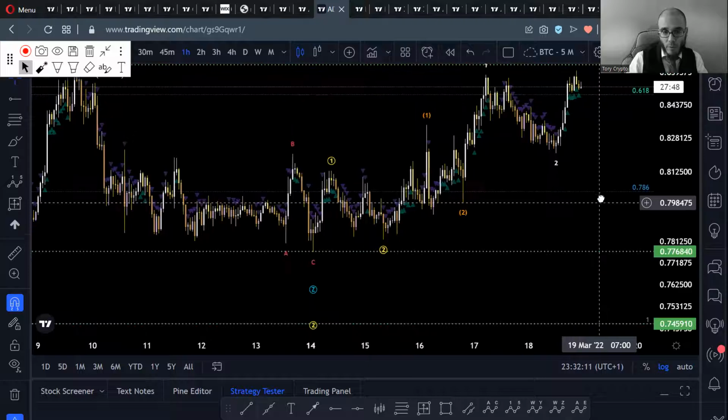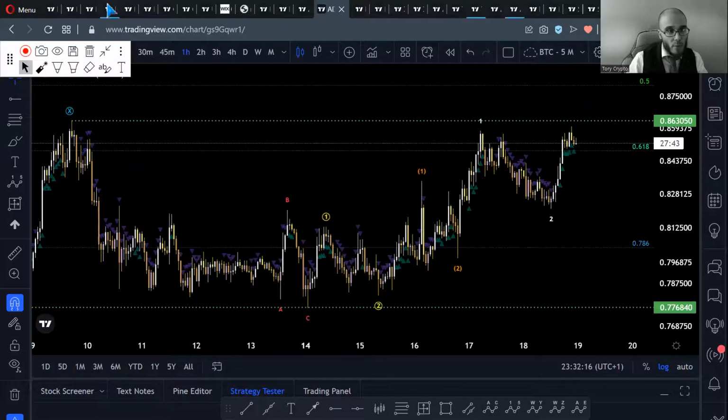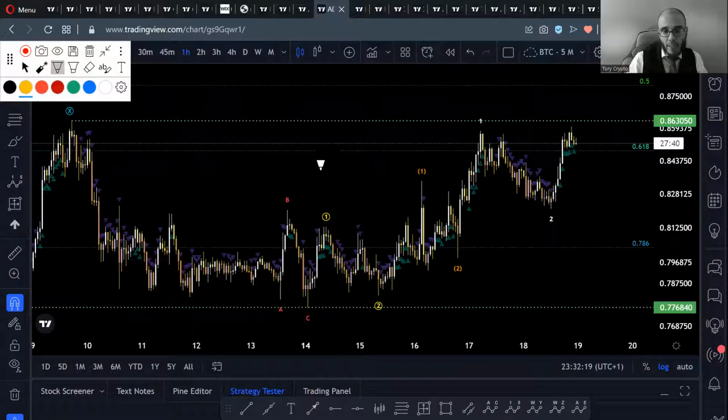So again, we have wave Z of 2 down here, and we start the impulse wave, and you could label it as a leading diagonal, and then you could label it as 1, 2, 3, 4, and 5. And you would label this as an A, B, C correction for wave 2.